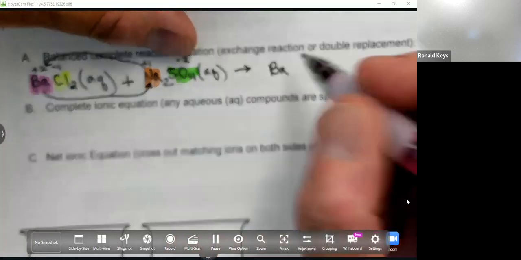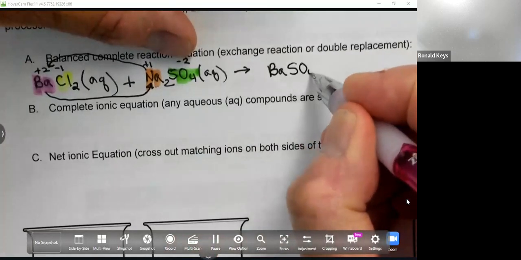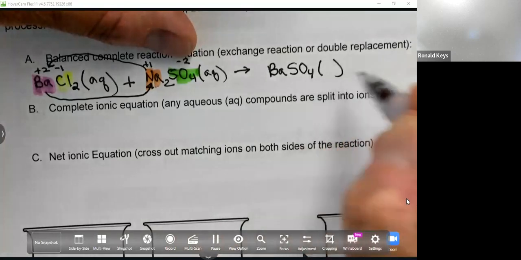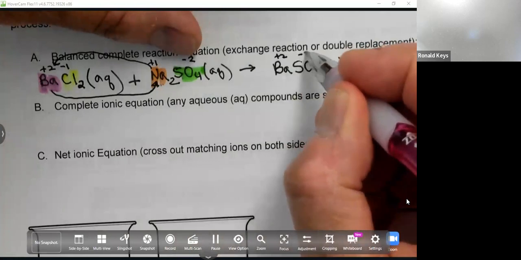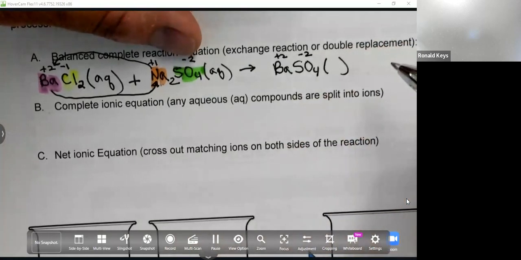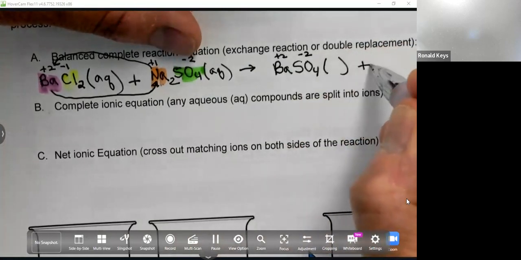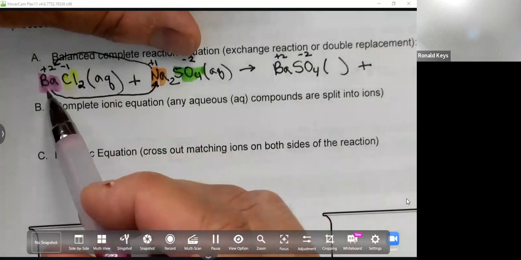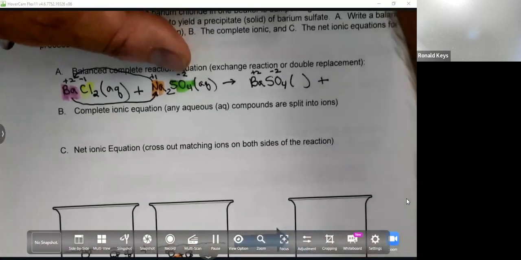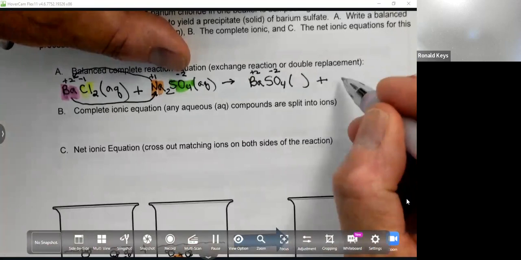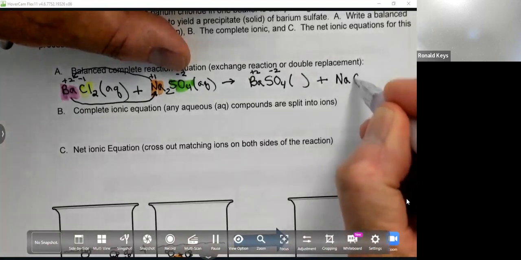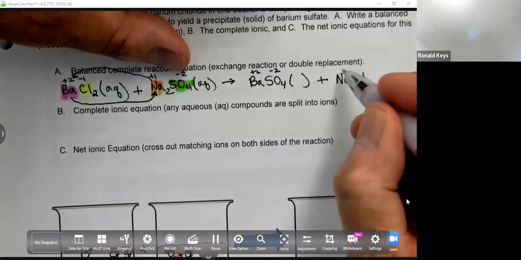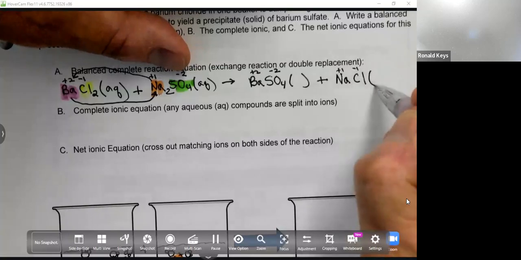So I'm going to have barium sulfate, +2 and -2. I just left this blank for now. Sodium is going to take the place of barium. This is +1 and -1.